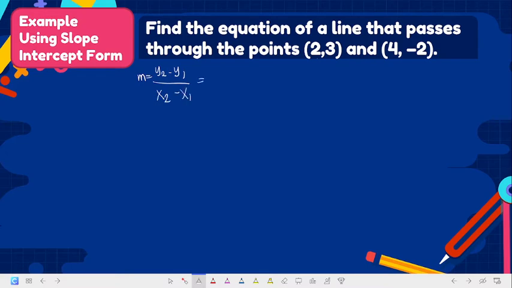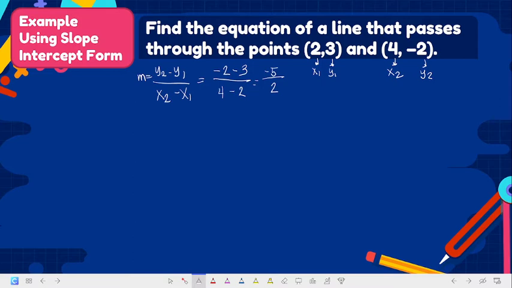So 2 is the x sub 1, 3 is the y sub 1, 4 is the x sub 2, and negative 2 is the y sub 2. So y sub 2 is negative 2, y sub 1 is 3, and x sub 2 is 4 minus 2. So negative 2 minus 3 is negative 5. 4 minus 2 is, we have here, 2.